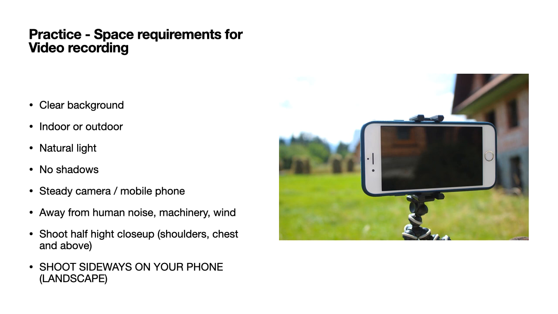The camera should be steady, so we would recommend that you prop it up on books or against something that makes it steady and not moving. You want to be away from human noise or machinery or wind, and you want to shoot where we could see your head and shoulders and a little bit of your chest. And as I mentioned earlier, make sure that it is shot sideways, not upright.